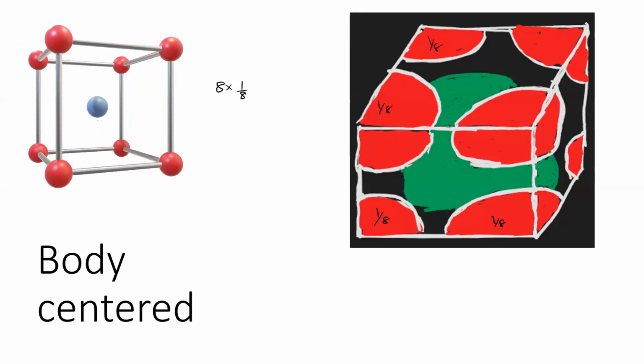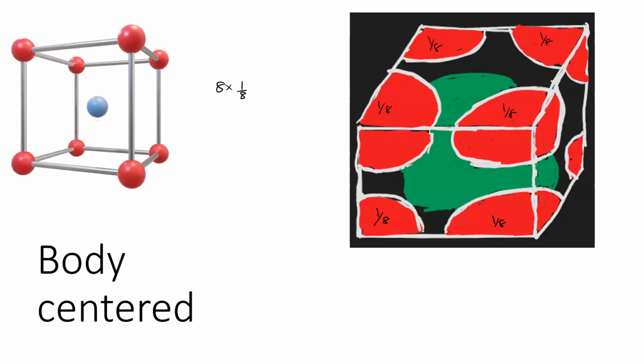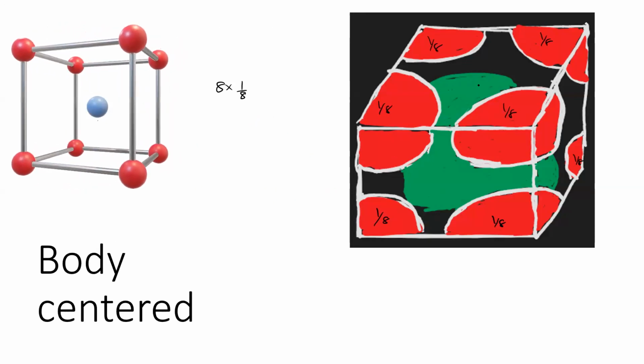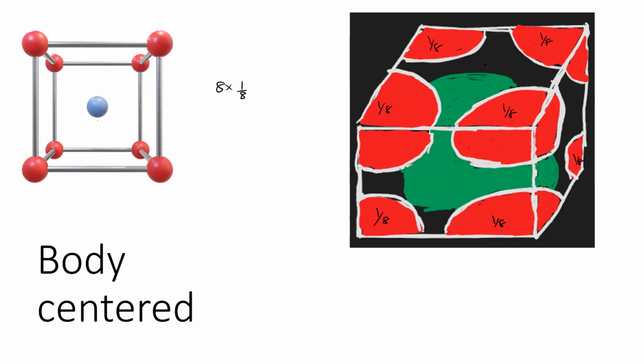Along with that, 1 atom, the green color atom, is located exclusively inside the body, which is not shared with the nearby unit cell, and it does not share with any other units. That is a complete atom located inside the body, so it will be taken as one full atom. So total is 2 atoms per unit cell.